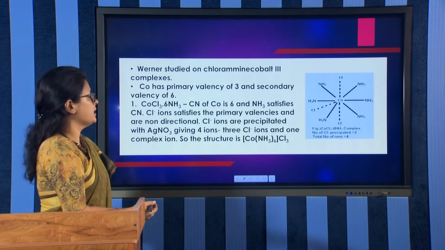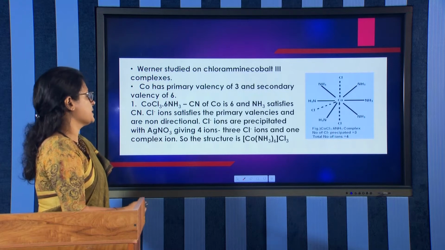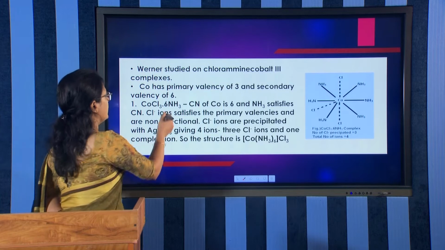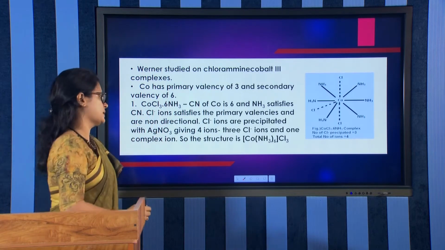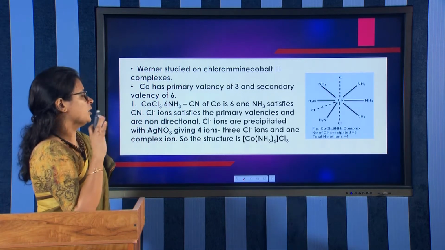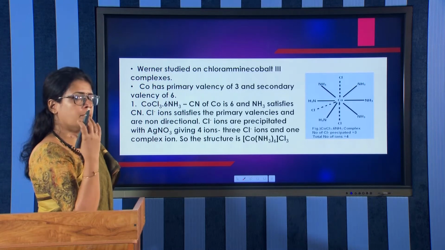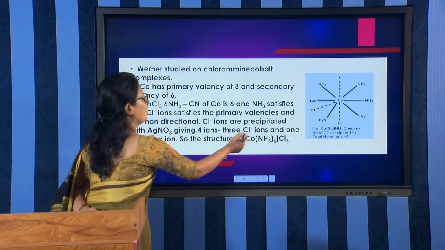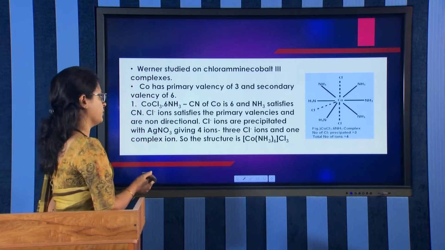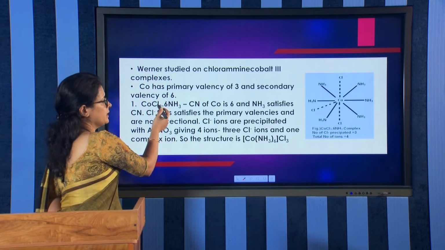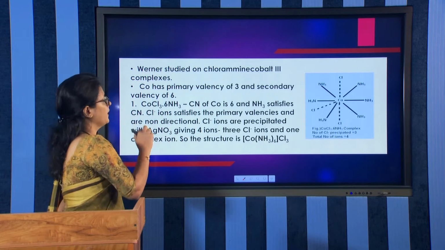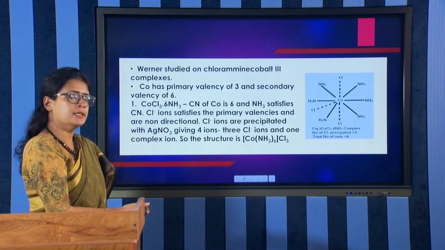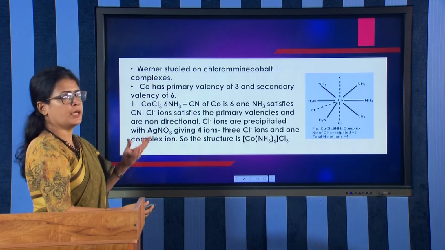When he studied, he saw that the chloride ions precipitated with silver nitrate were 3. So the total number of ions was 4: 3 chloride ions and 1 complex ion.